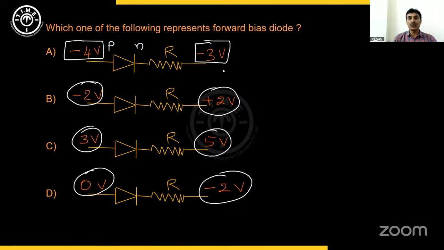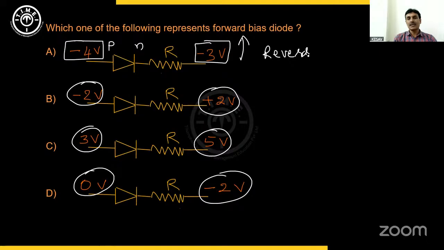Of -4 and -3, which is higher? See, -3 is more than -4. Means higher potential is applied to the N side and a lower potential is applied on the P region. That means it is in reverse bias mode.